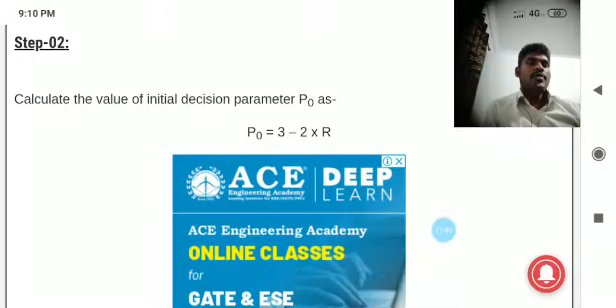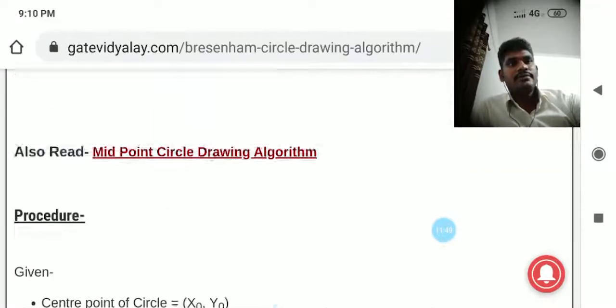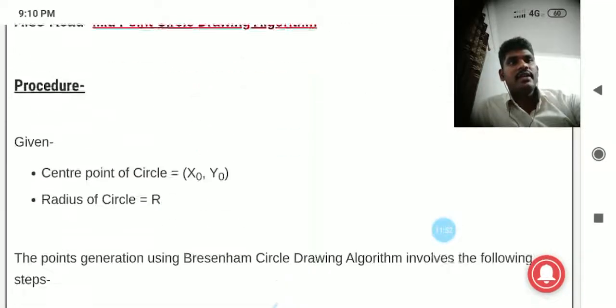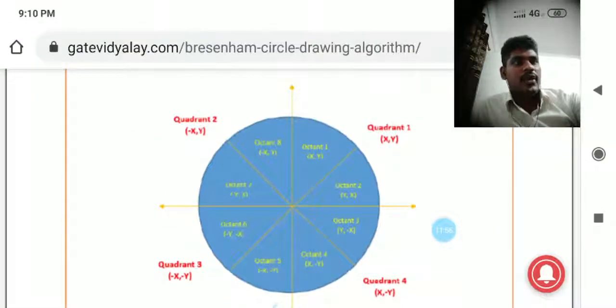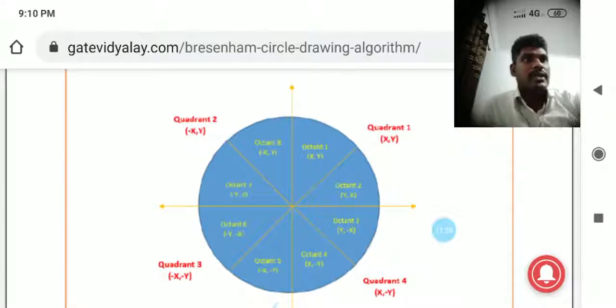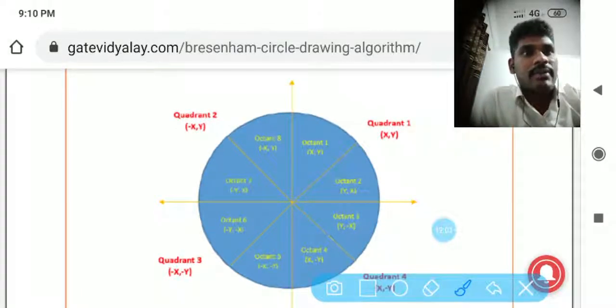So where you have to start, I will show you here. Look at here. In this 45 degrees, for example, you want to start here, x comma y. Just imagine you are taking x and y coordinates.